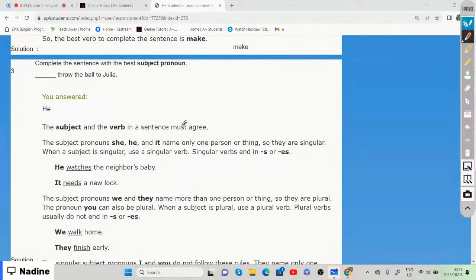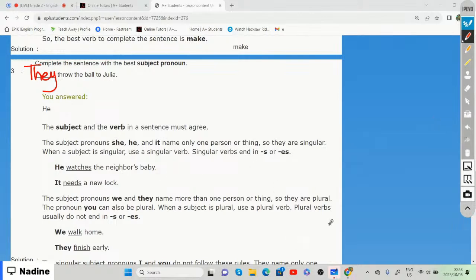And that is why it is a pronoun. So he throw. If it is throw, then it should be more than one person. So we can say they throw the ball to Julia. So they is showing that it is more than one.